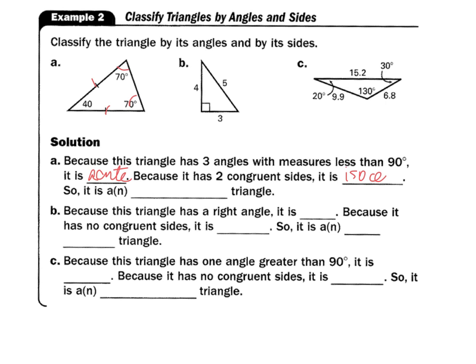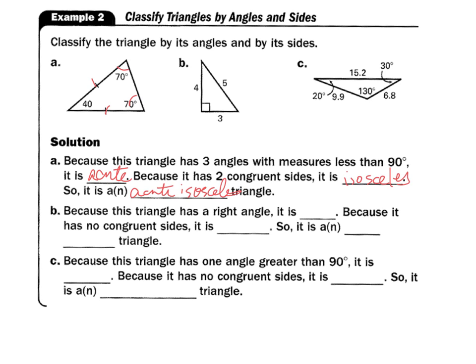Whoops, I cannot spell this word. Isosceles. There we go. So it's an acute isosceles triangle. Okay, we just add them together.